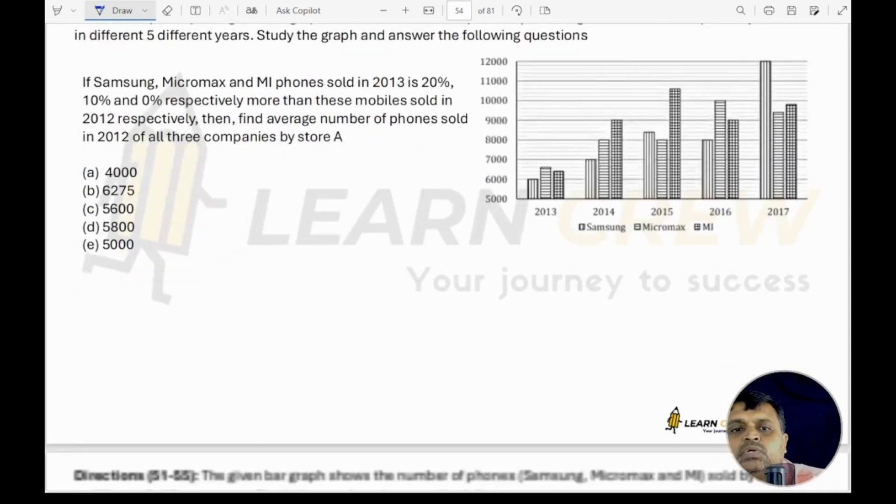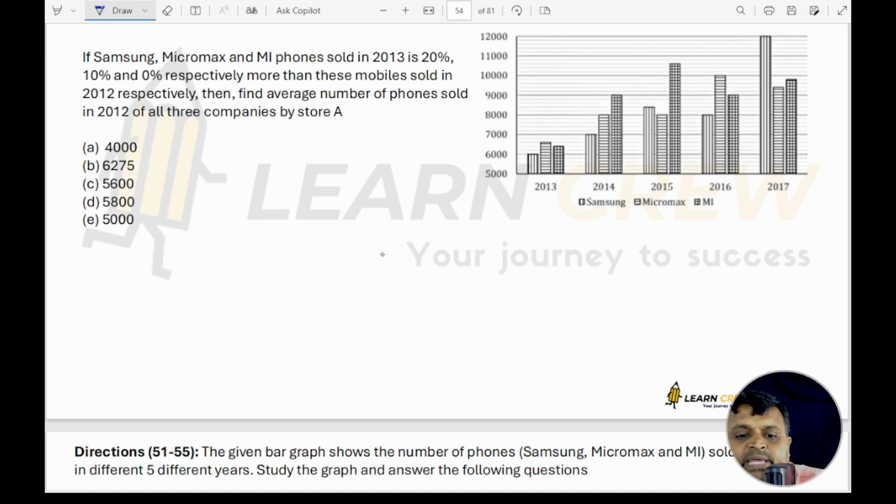Next, if Samsung, Micromax and MI phones sold in 2013 are 20%, 10% and 0% respectively more than these mobiles in 2012, then find the average number of phones sold in 2012 for all the years. So 2013 is given, now 2012 we need to find out.